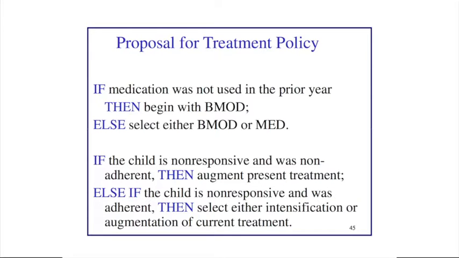If the child is non-responsive and non-adherent, augment. If the child is non-responsive and adherent, then you get to choose whichever one is appropriate, because there's no evidence to choose one over the other.